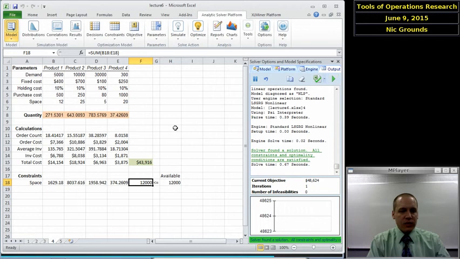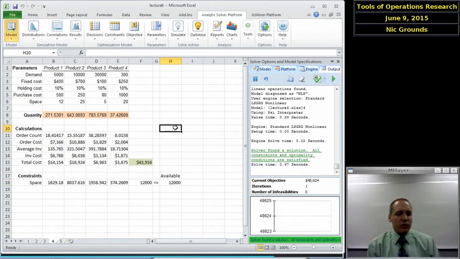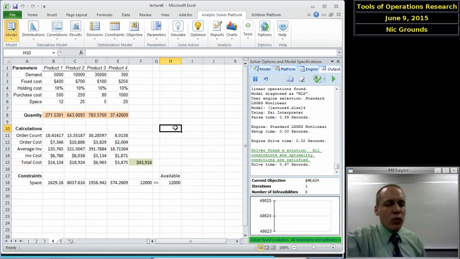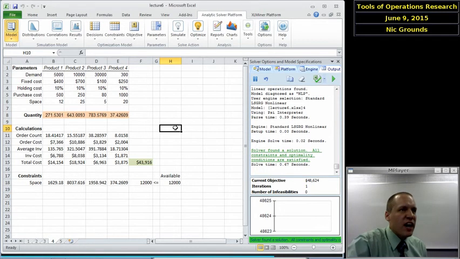So the optimal solution says something like this. We will order roughly 271 product 1s at a time, meaning we'll have, on average, 135 or so on hand, and so forth for all the products, for a total cost of $43,000.